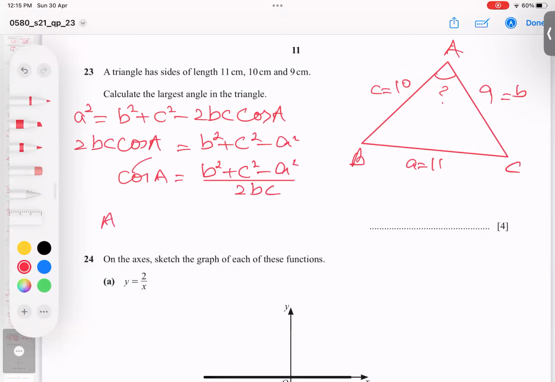Now this cos will go there and become cos inverse. And B value is 9, 9 squared, C is 10 squared, A is 11 squared, 2 times 9 into 10.